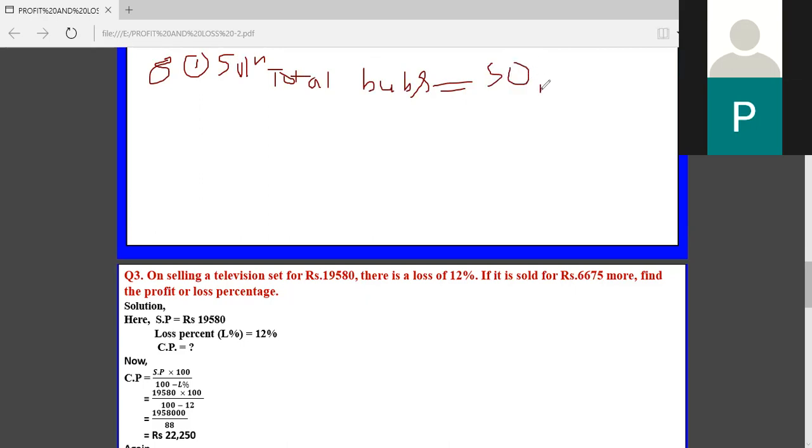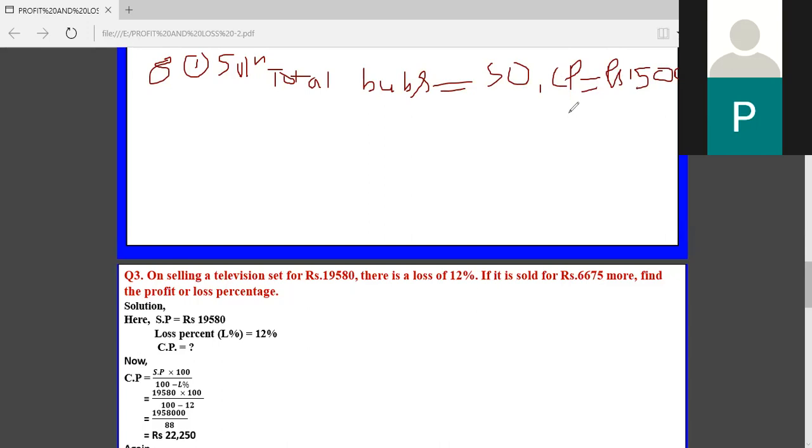And what was the CP of 50 bulbs? Can you tell? What is the CP there? 1,500. Good. 1,500 is the CP.